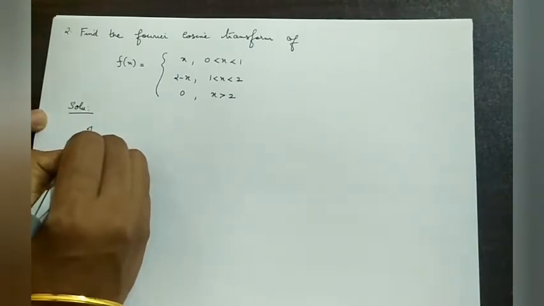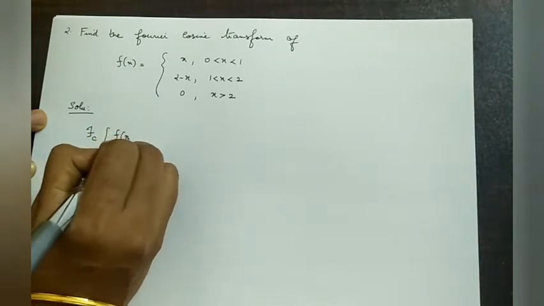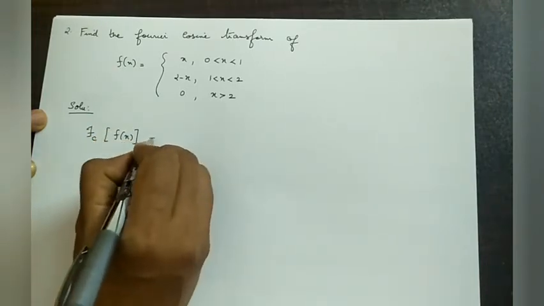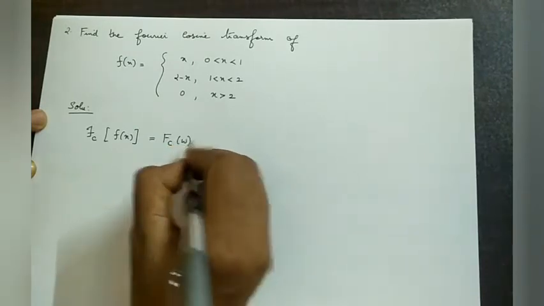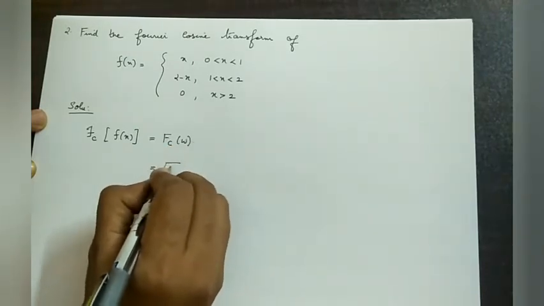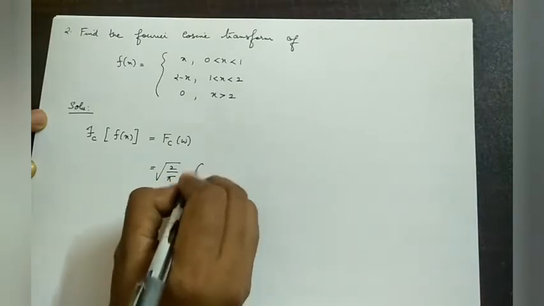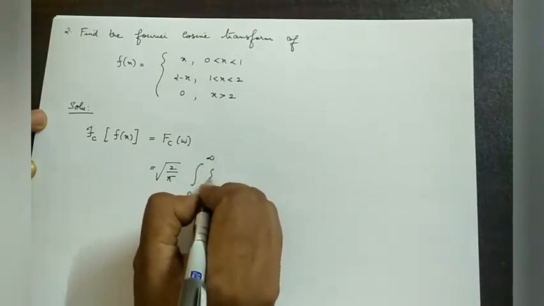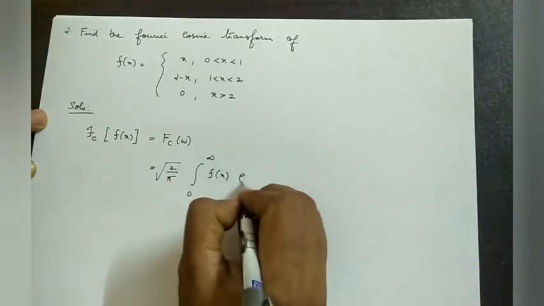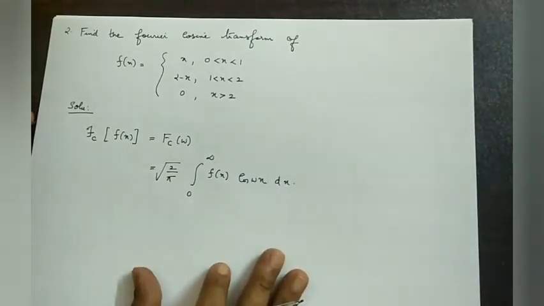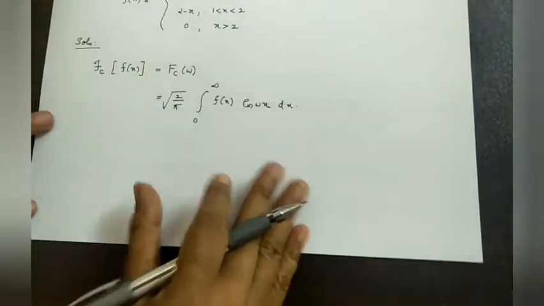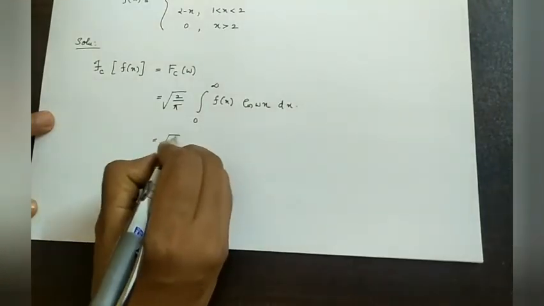Fourier cosine transform of f of x is equal to fc of omega. Now the formula is square root of 2 by pi integral from 0 to infinity f of x cos omega x dx, which is equal to root 2 by pi.